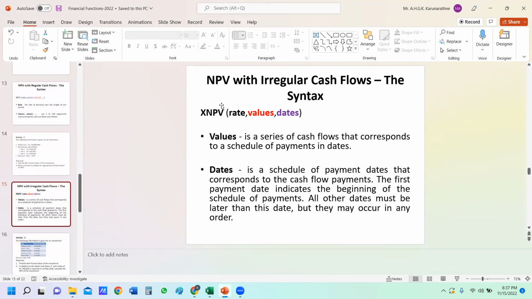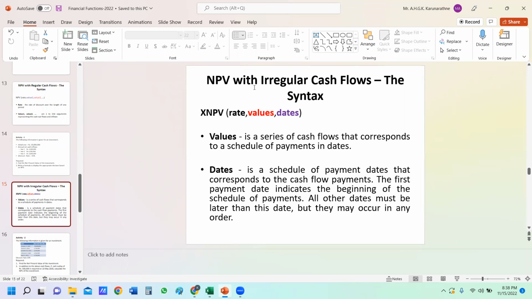Next, NPV with irregular cash flows. In a business environment or economy like Sri Lanka these days, it is not advisable to assume cash flows are regular, right? Because if you assume all cash flows occur at the end of the period, January month cash flows and December month cash flows are treated the same.